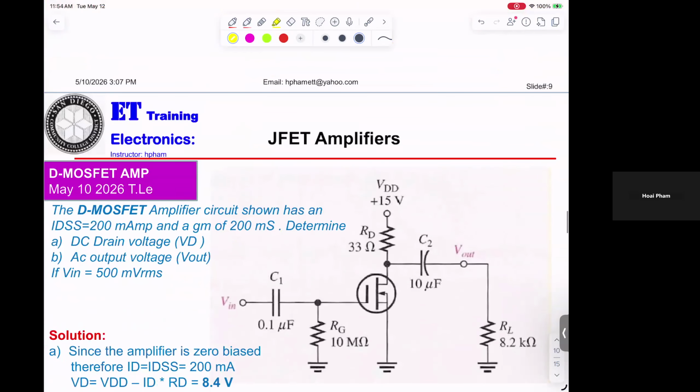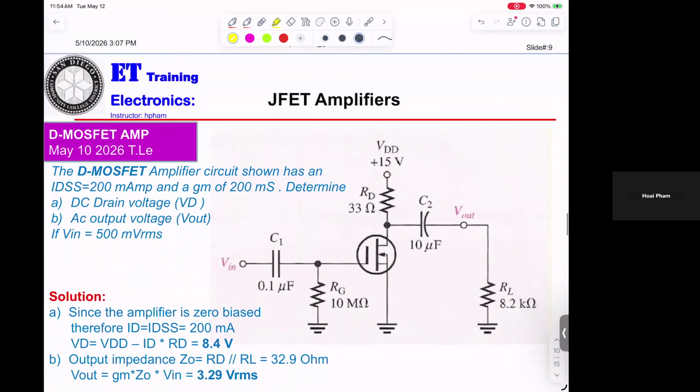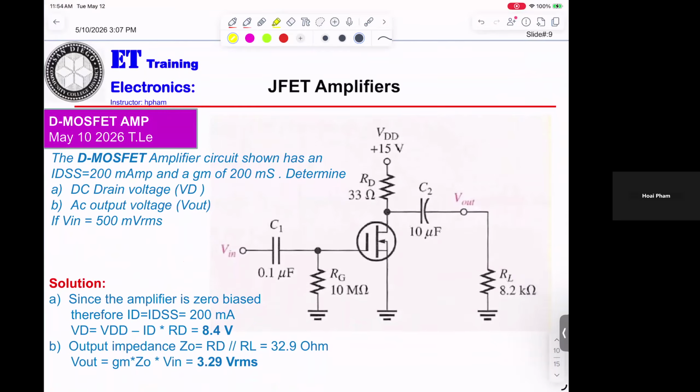Let's see. Now, the MOSFET amplifier circuit. IDSS is 200 milliamp and GM is 200 millisiemens.